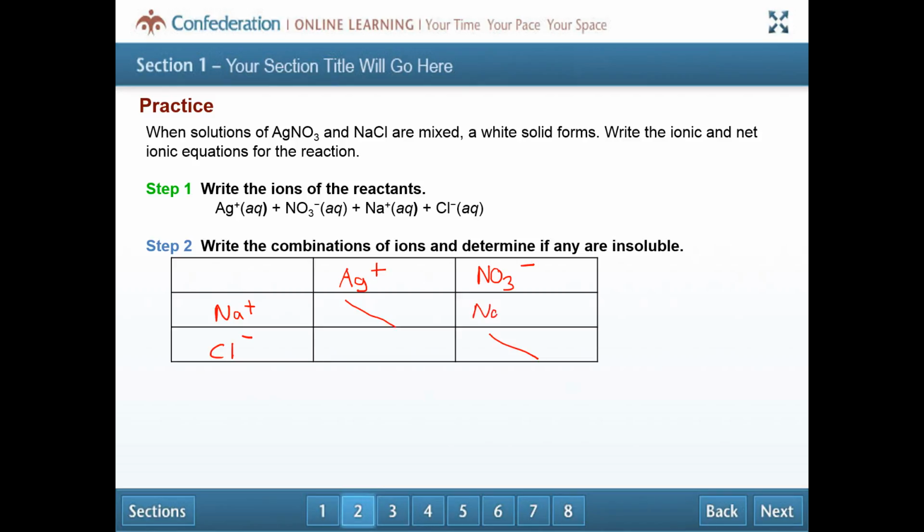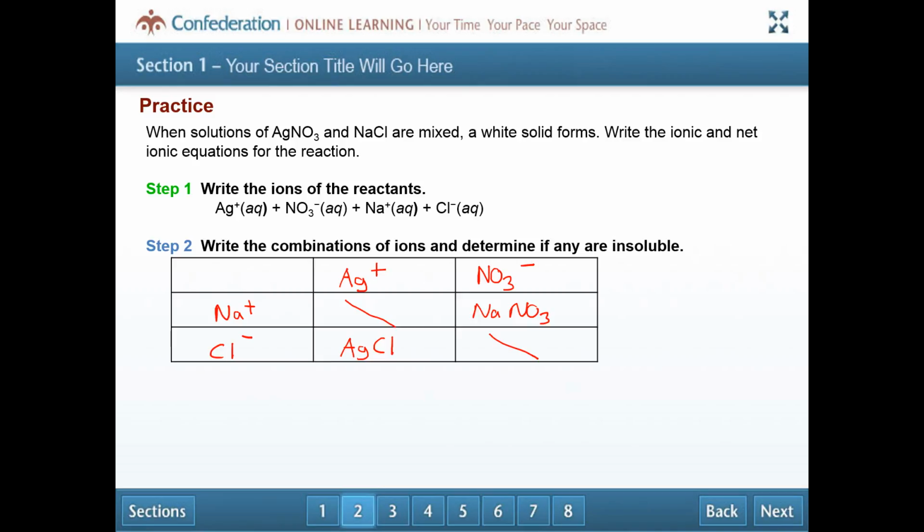Okay, so that could be a compound. And if I use the crossover rules there, that would be the formula for that compound. We wouldn't have to have any subscripts because they both have a positive or negative 1 charge. And then the other compound could be the silver chloride. Okay, so those are our possible compounds.